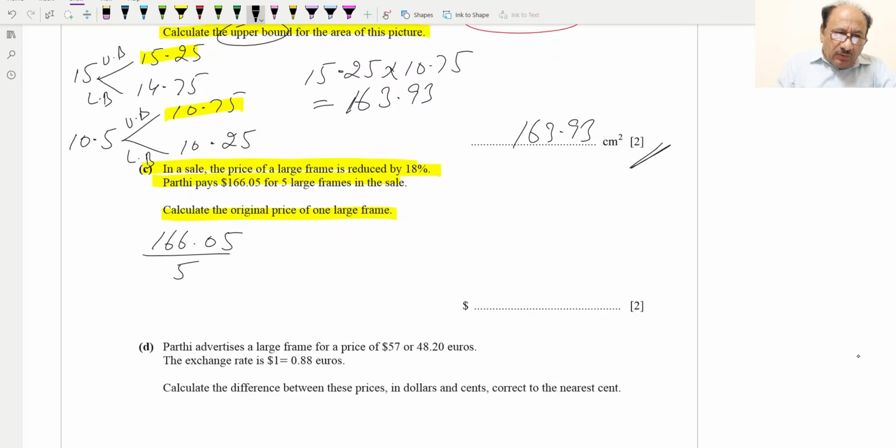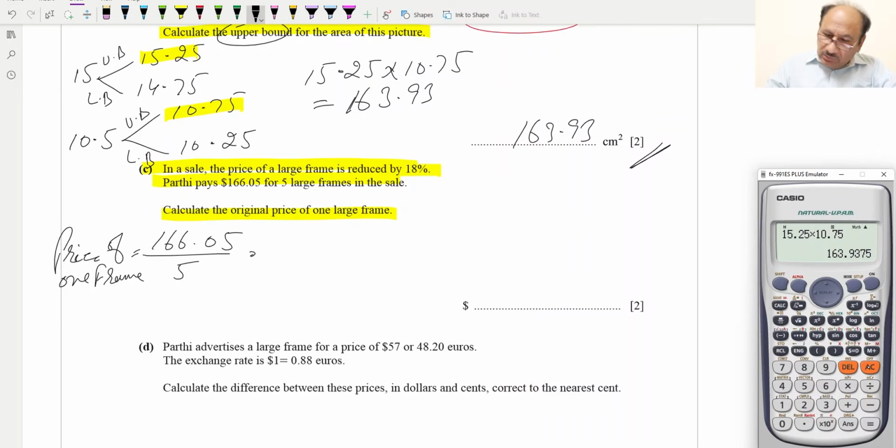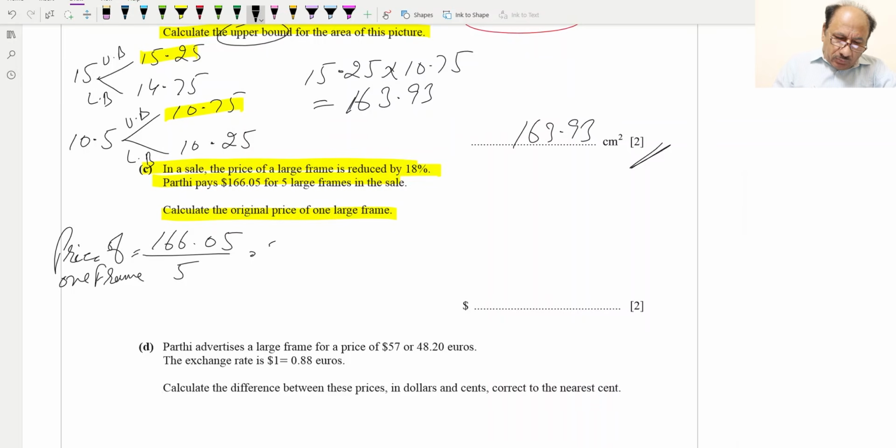So for 1 frame, the price of 1 frame will be equal to 166.05 divided by 5, which is equal to 33.21.